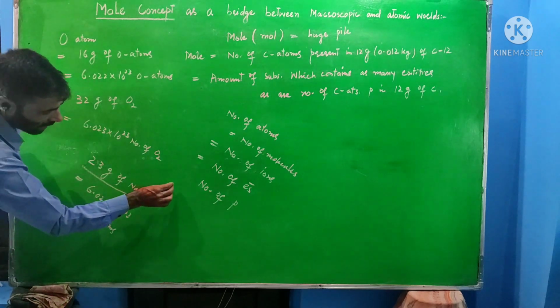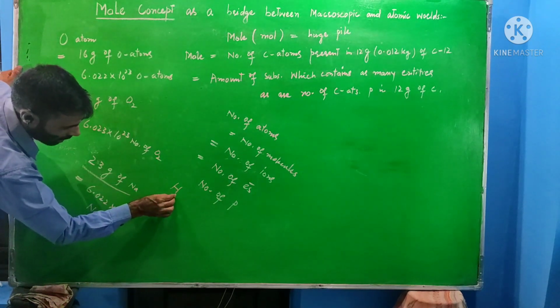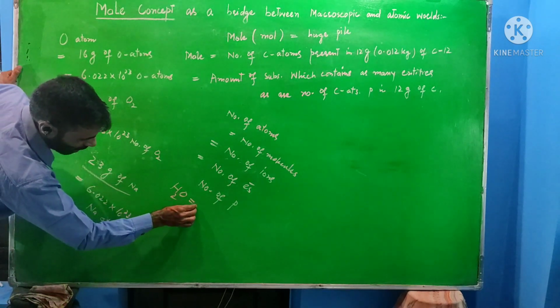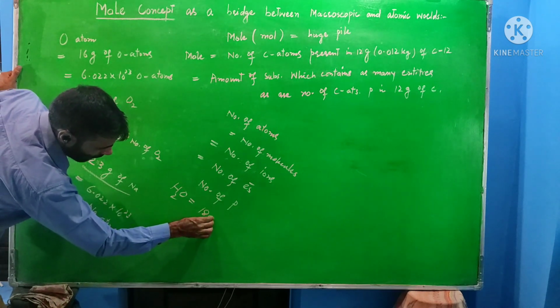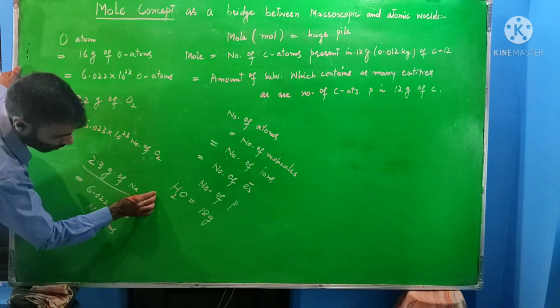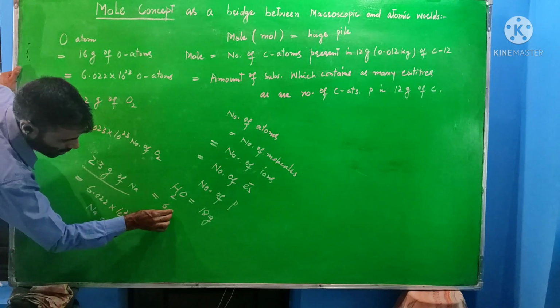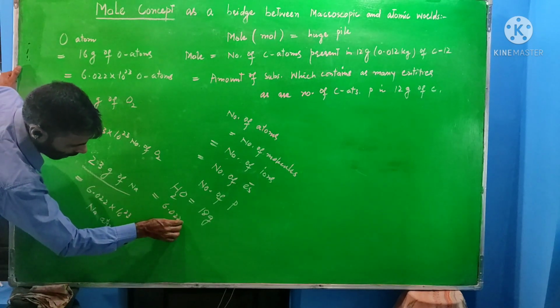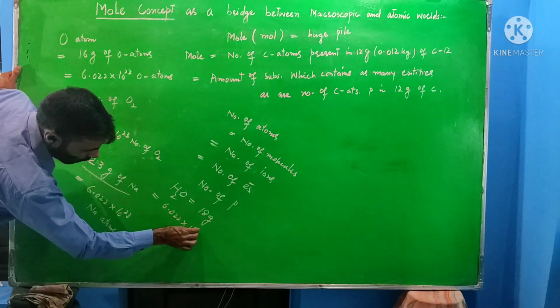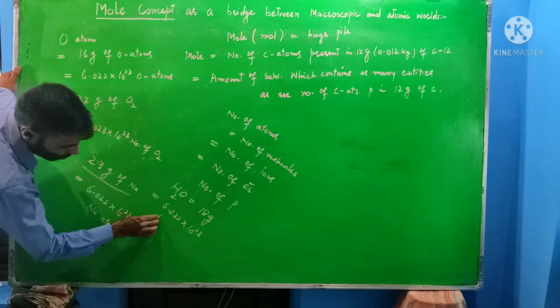Now, if I take water, 18 gram, then in it there are 6.022 into 10 raised to the power 23 water molecules.